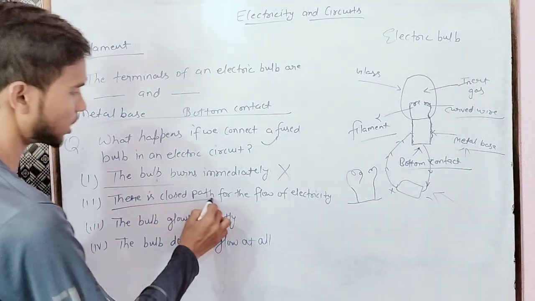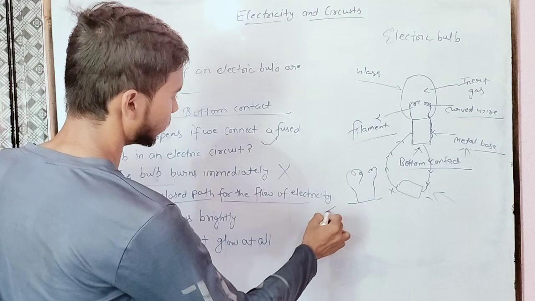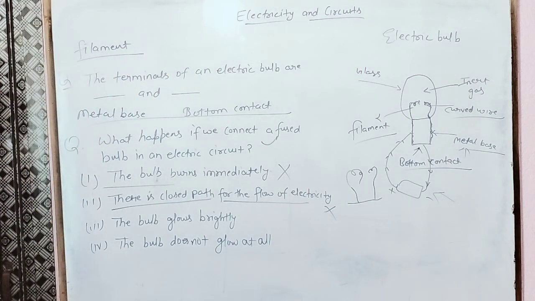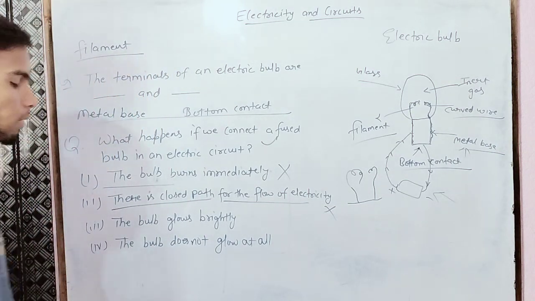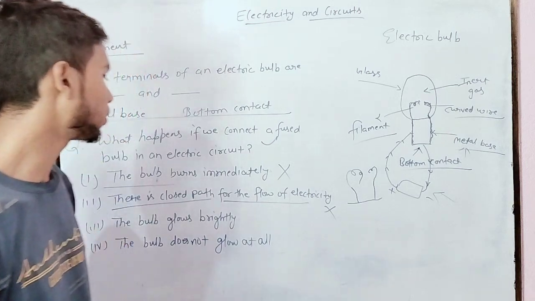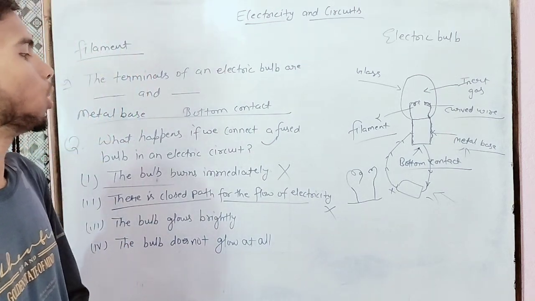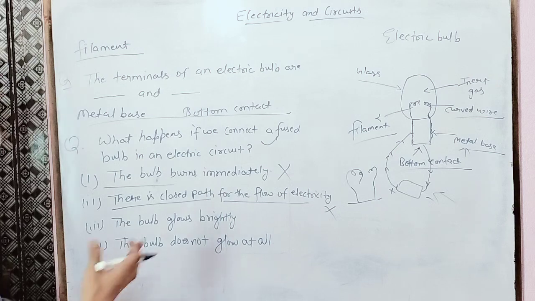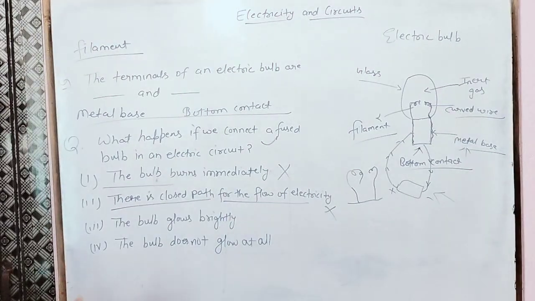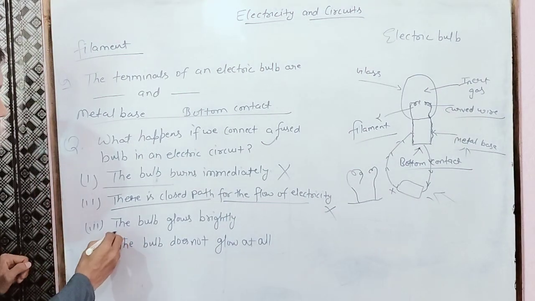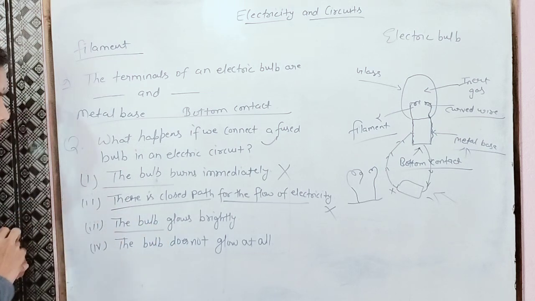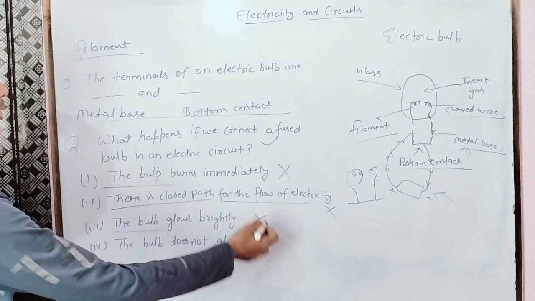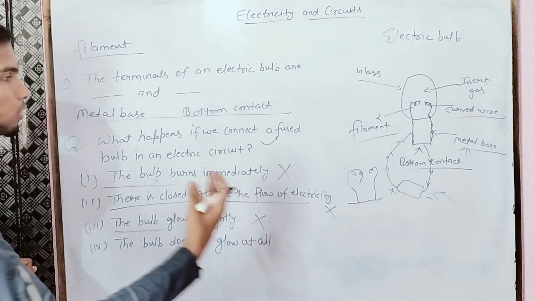There is a closed path for the flow of electricity. No, there will be an open path for the flow of electricity if we connect a fused bulb with the electric circuit. The bulb glows brightly. No, because we have a fused bulb.